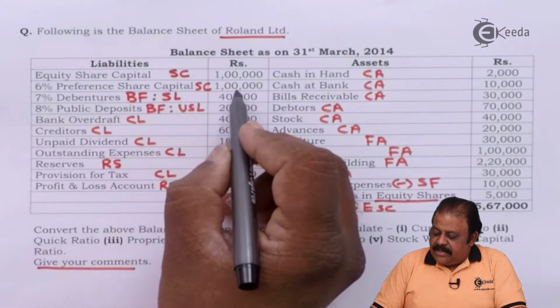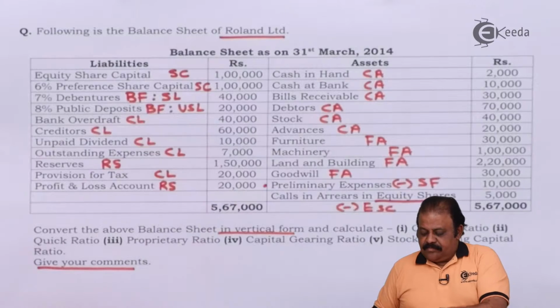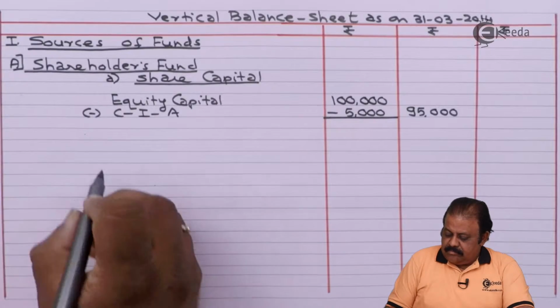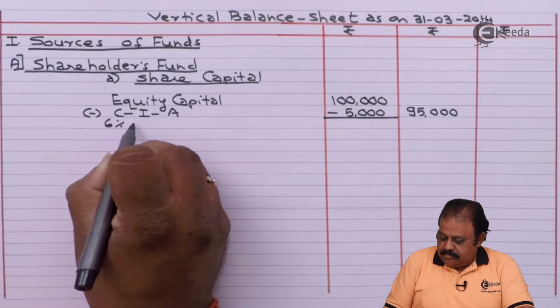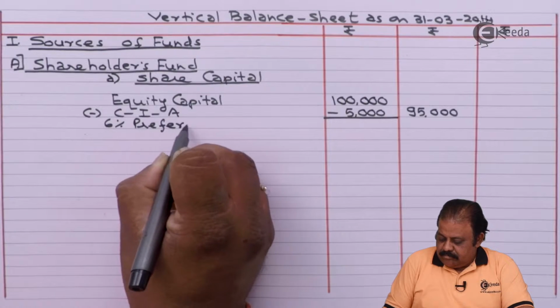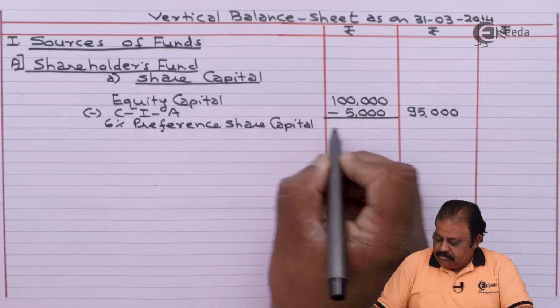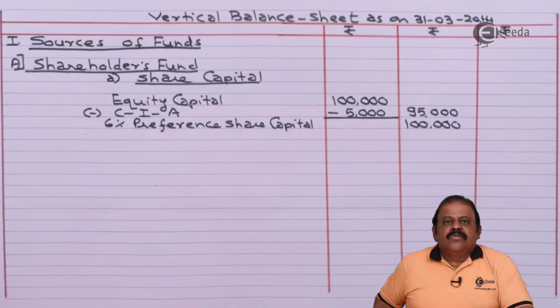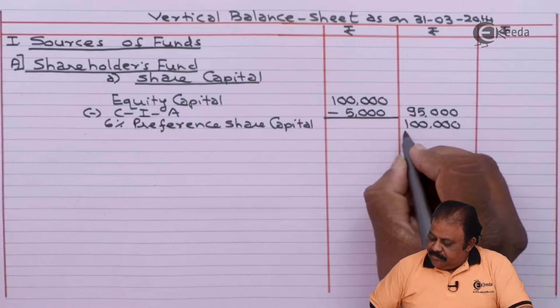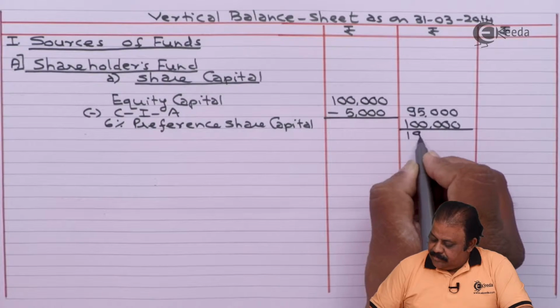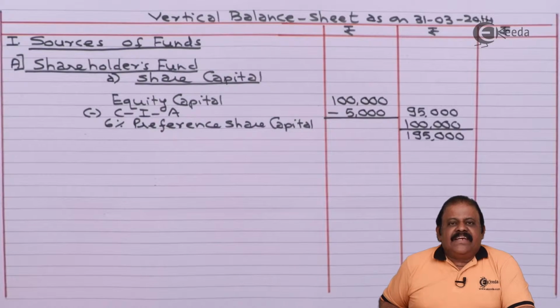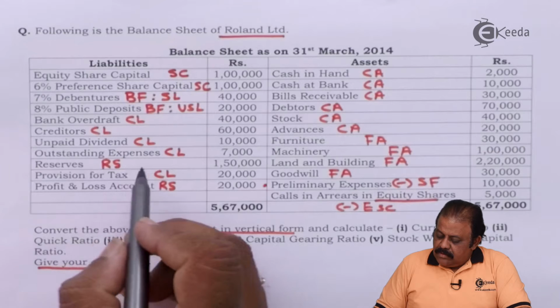6% preference share capital 1 lakh. So total share capital 1,95,000. To this we are going to add reserves and surplus.